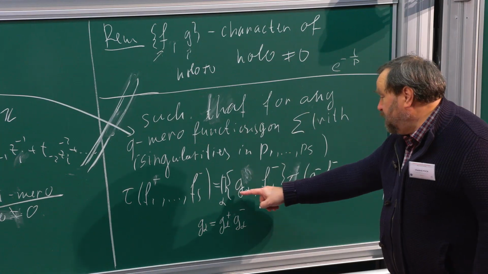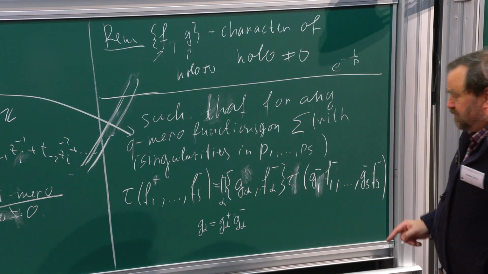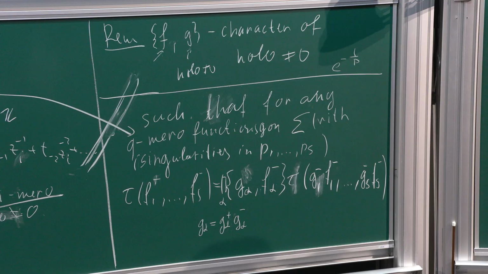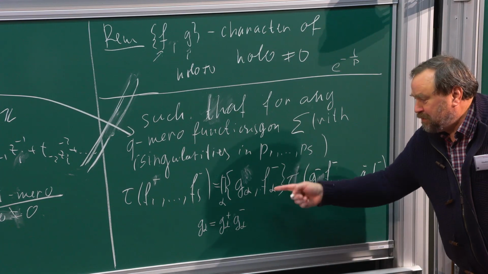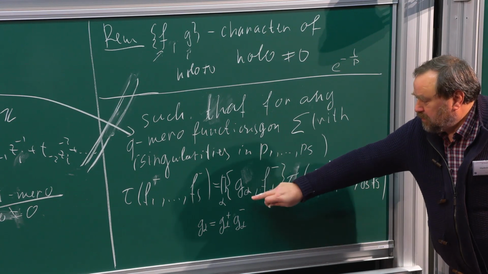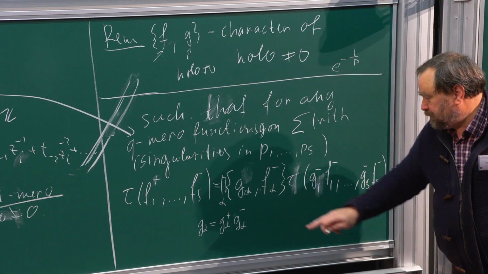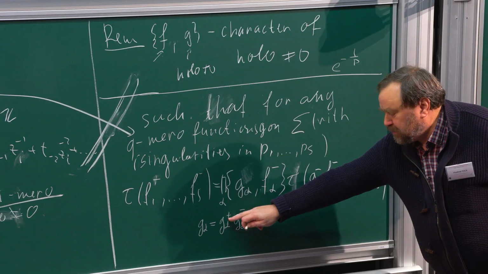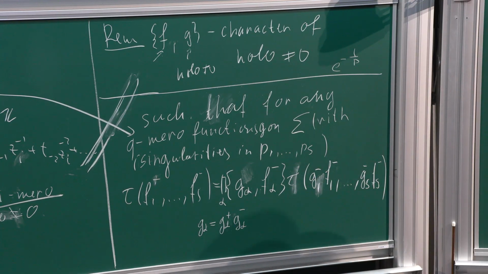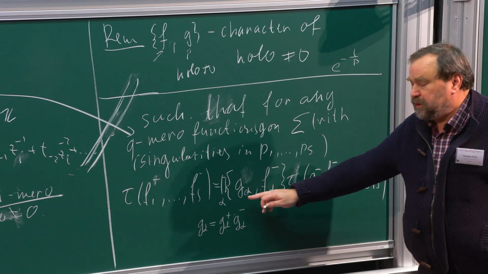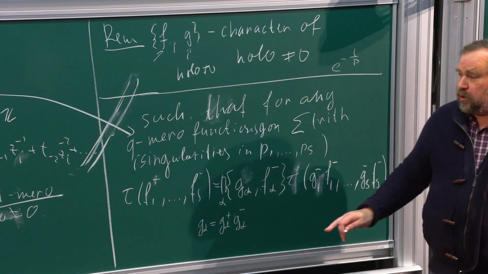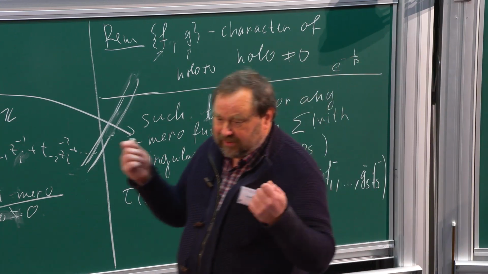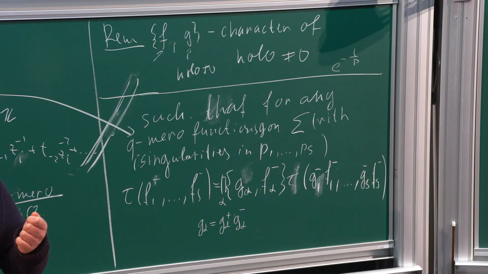But the symbol actually doesn't depend on g plus, because it doesn't depend on how you choose g plus. Because the symbol between minuses, if you have two holomorphic functions, then the symbol between them is equal to 1.